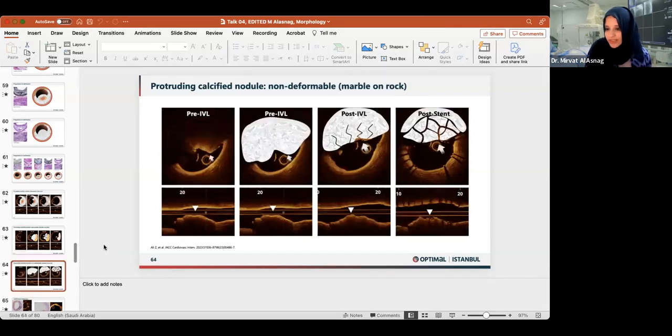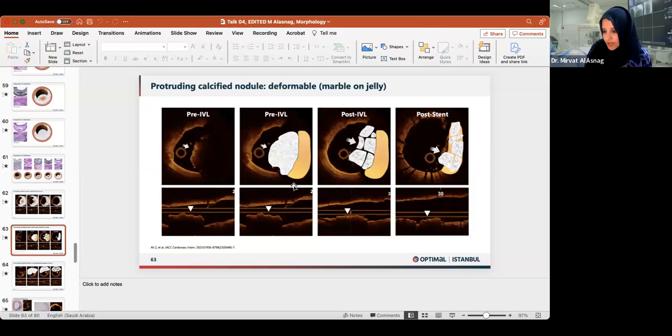But when you have calcium on calcium, something like this, it's not deformable, and you don't see an eruptive nodule. What you do see is a protruding nodule, but actually sitting on more calcium. Even when you fracture it, your stent may not yield because it's not sitting on a soft base like the one you're seeing here.